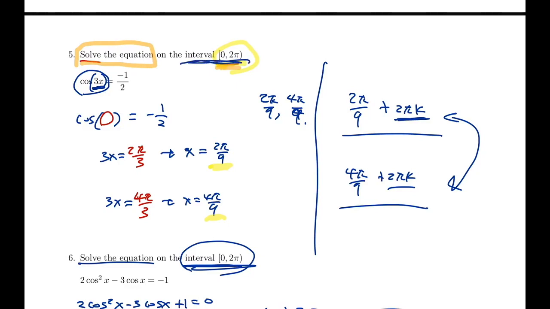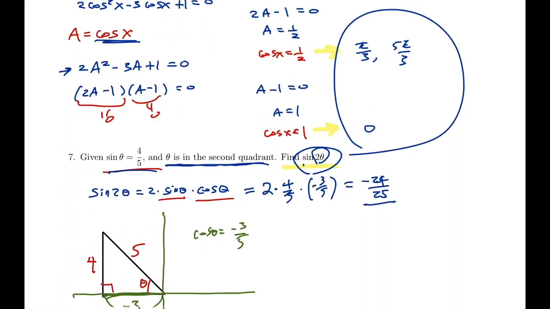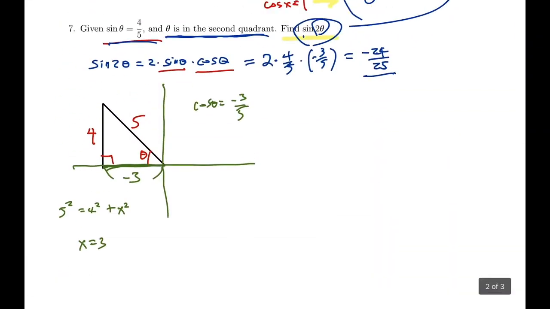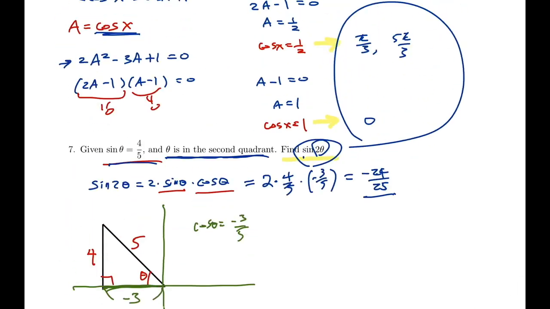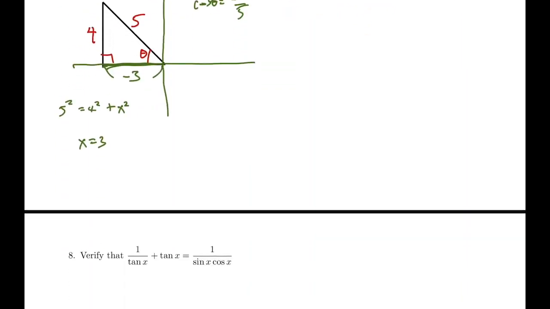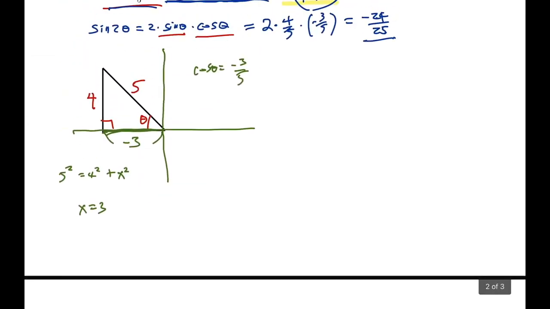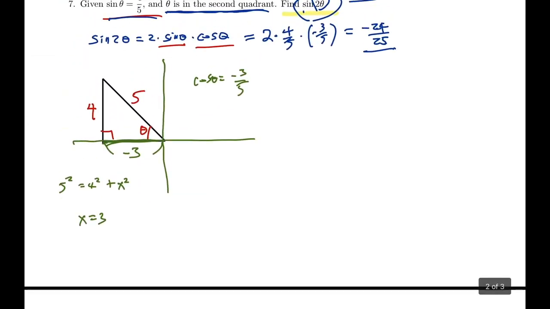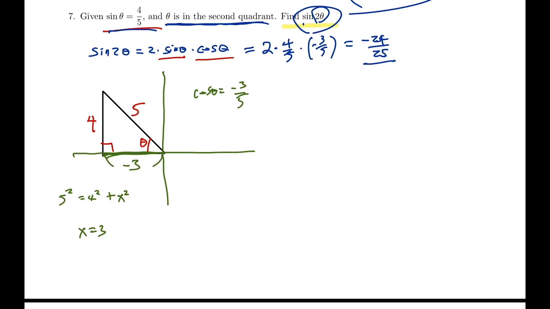So there's a difference between solving the equations and finding what the entire cosine is. This one's finding what cosine 2 theta is, whereas number 5 was solving for the x, the angle. Here we still don't know exactly what the angle is. All we care about is finding sine 2 theta, which is this.